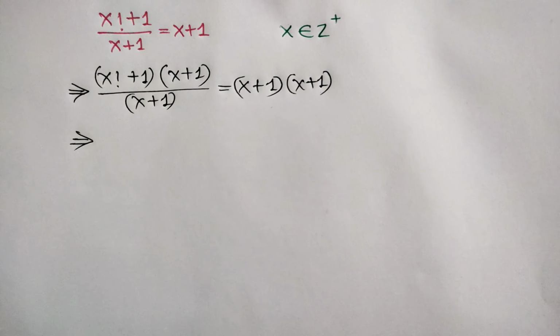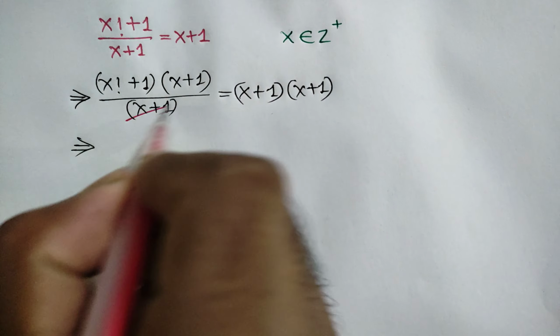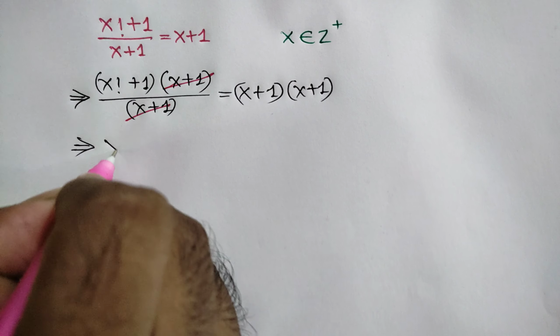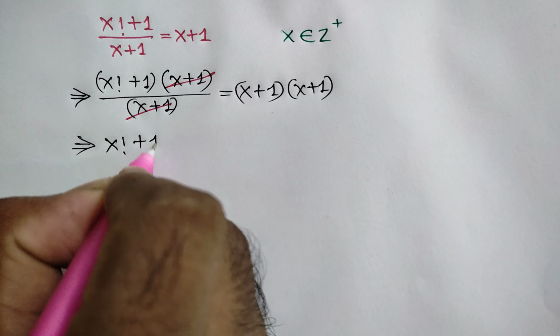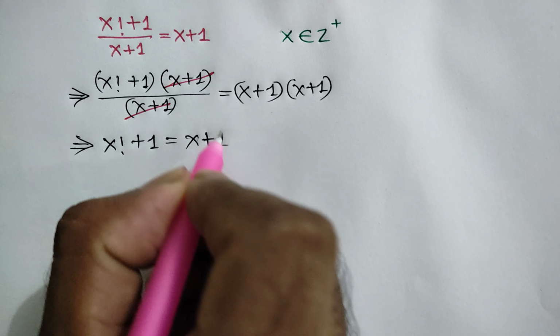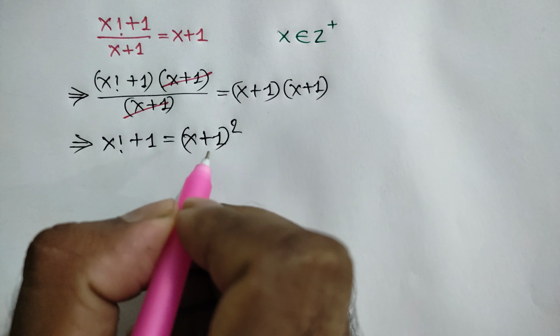Now this x plus 1 cancels out this x plus 1, so here we will get x factorial plus 1 is equal to x plus 1 whole square.